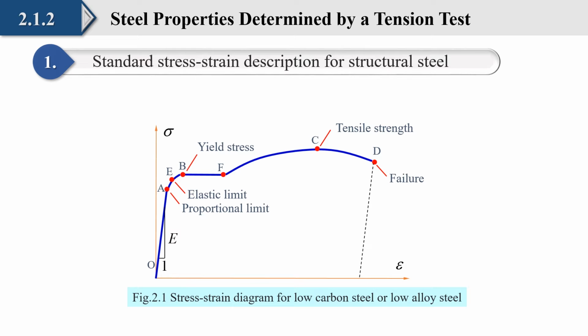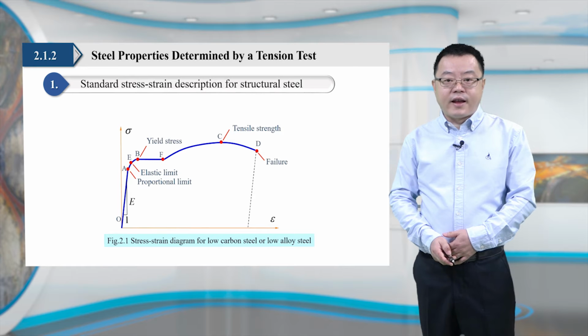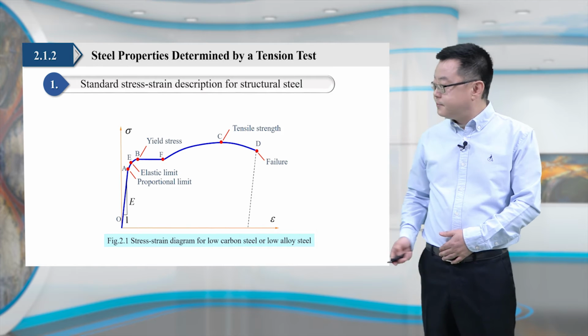The tension test is the most basic mechanical property test of steel. A typical stress strain diagram for steel is shown in Figure 2.1. There are several important data points on this curve that need special attention.